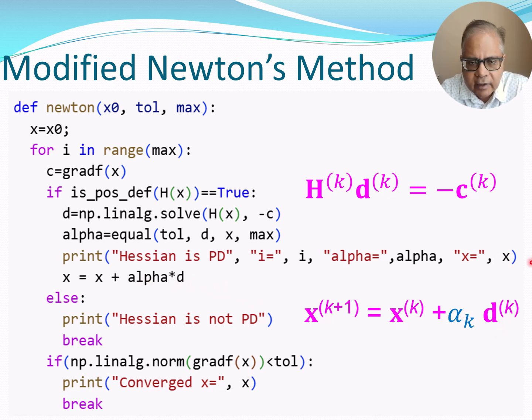And then I check out whether the Hessian is positive definite. I print alpha, I print x, and I update x as x plus alpha d. So the difference here is that this alpha k is now coming into this problem here. Remaining parts are all remaining the same.